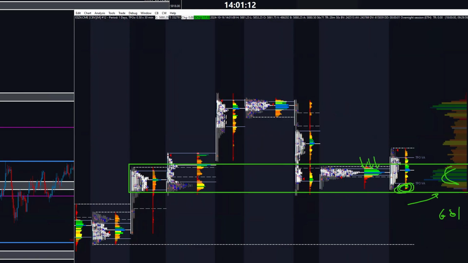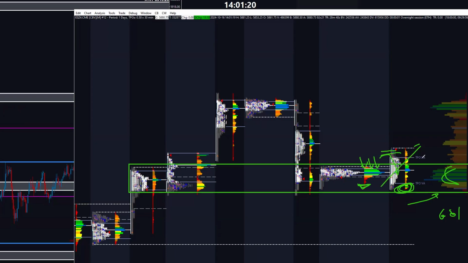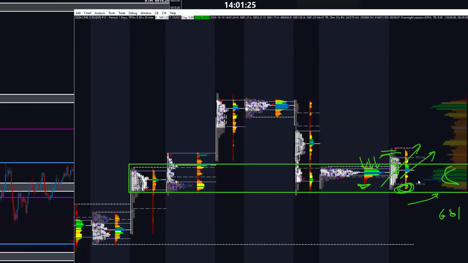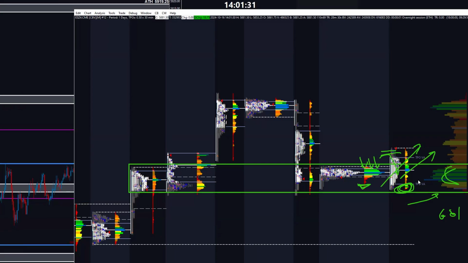But when we create a lot of volume into the lows and we have a failed auction on the overnight, you have a failed sell from a peak above that high. The auction is telling us that, hey, there's more fish to fry on the upside than constantly trying to sell this because of a few candle failures or a few wicks that are manifesting into these highs.